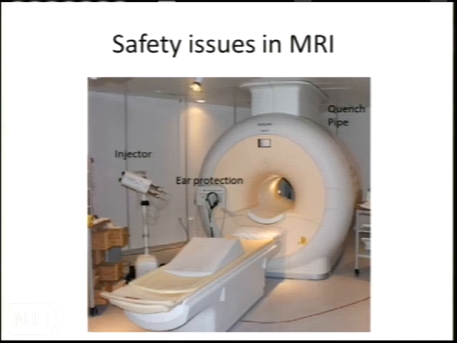So we have a problem. If the magnet quenches, that is, the superconduction goes away rapidly, we fill up this room with helium. If there's a patient in the scanner, they can't breathe. So in order to avoid that, we have something called a quench pipe that's out of the top of the magnet, and it will vent the helium out of the building, or at least out of the room.